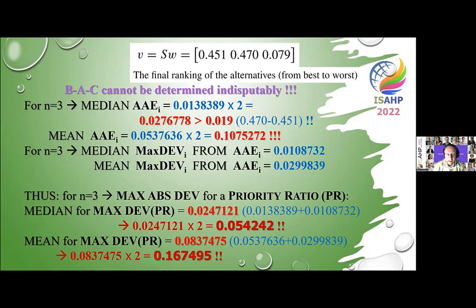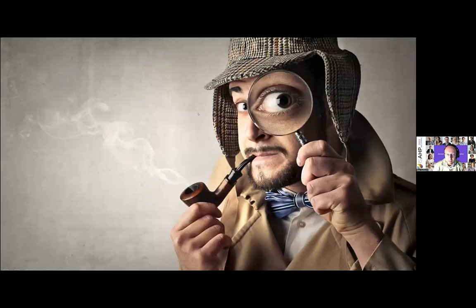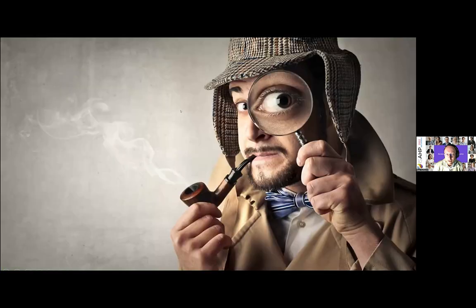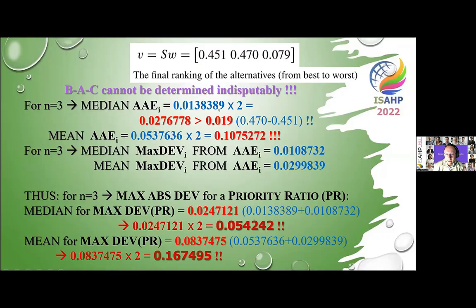we have this order of the ranking that cannot actually be determined indisputably, because for 3 alternatives, the median average absolute error for simulations based on 50,000 similar matrices as the one in the example gave me an error of 0.0138389.